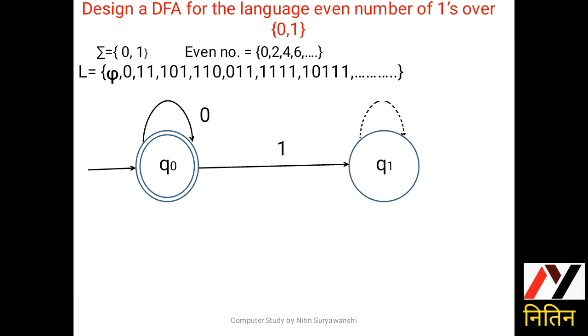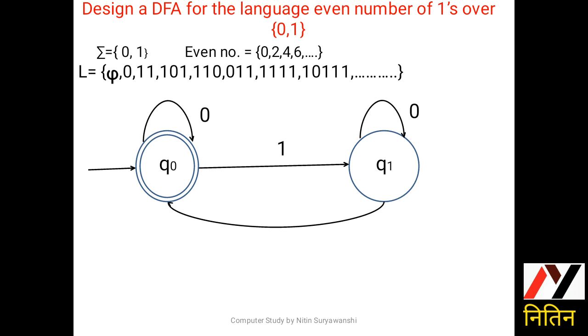Then when we come to the Q1 state, for 0 it stays in itself only, because 10 contains an odd number of ones. So once the machine comes to the Q1 state, it is counting an odd number of ones.